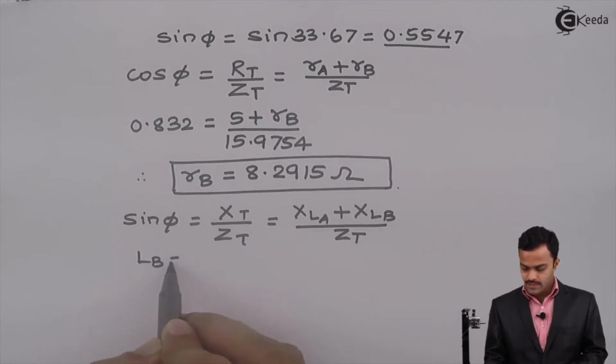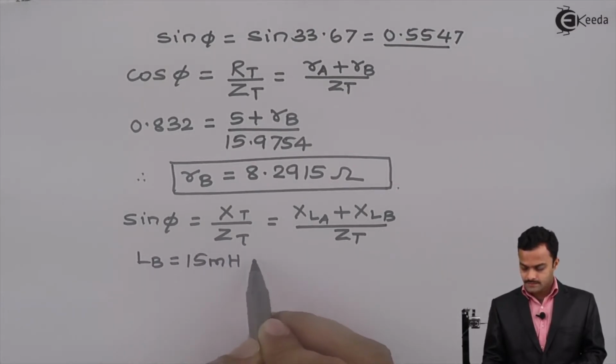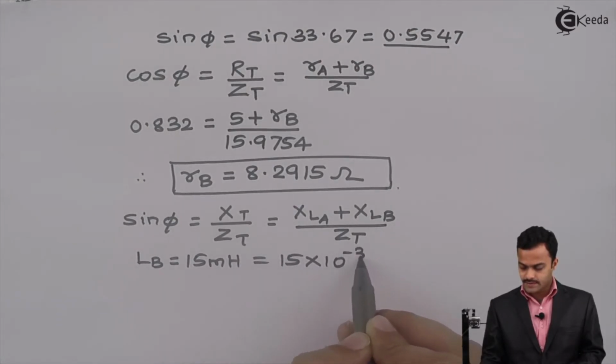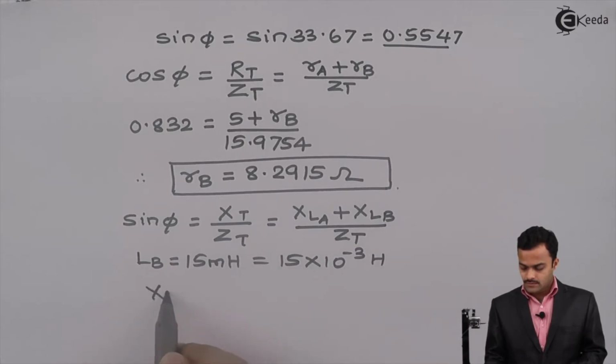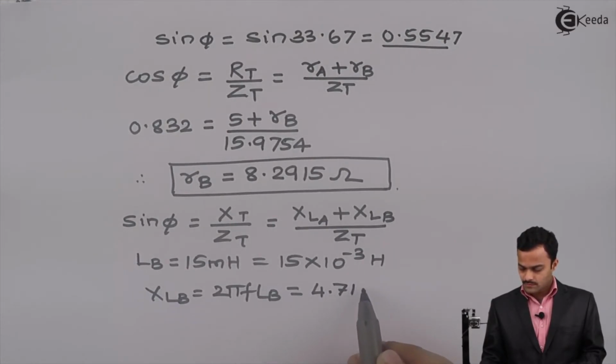LB is given as 15 millihenry, which is equal to 15 multiplied by 10 raised to minus 3 Henry. So XLB is 2 pi FLB. So if you solve, you will get XLB as 4.7124 ohm.